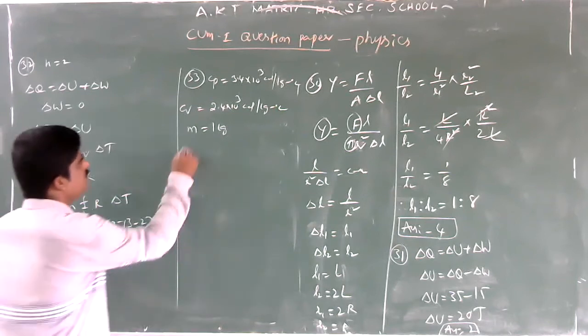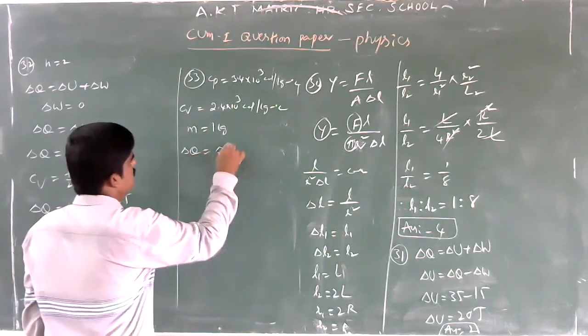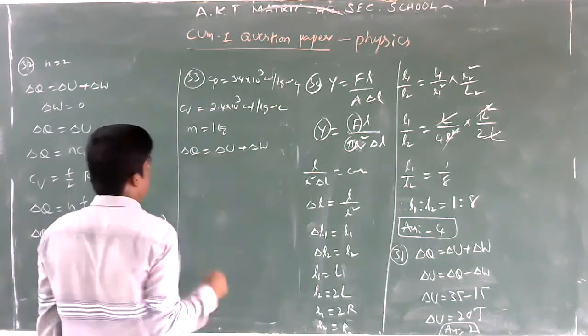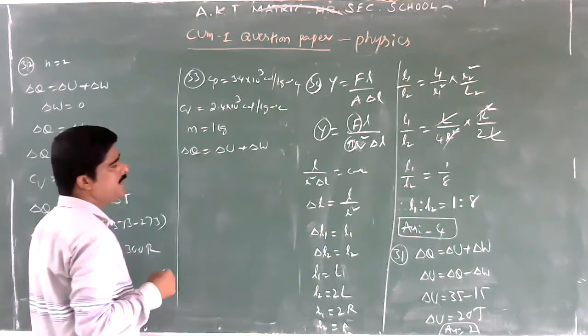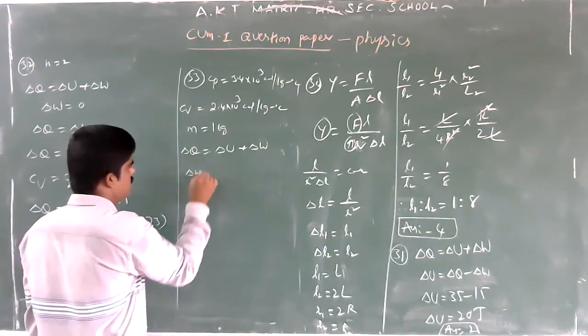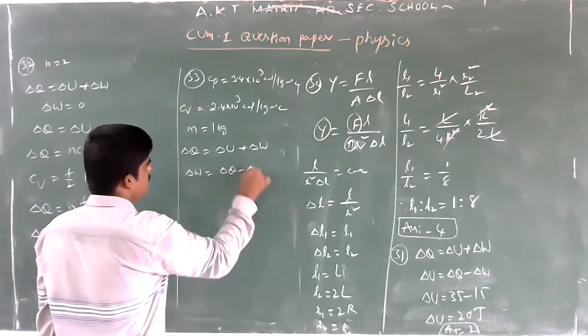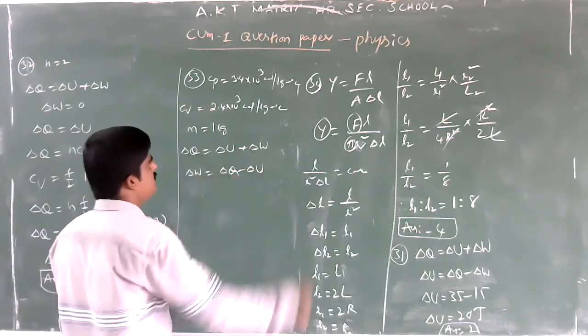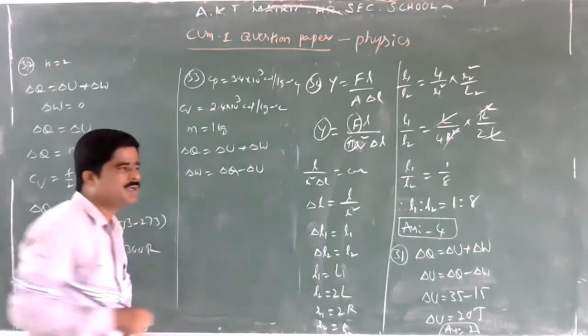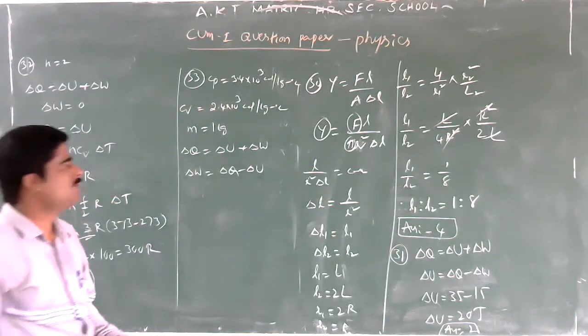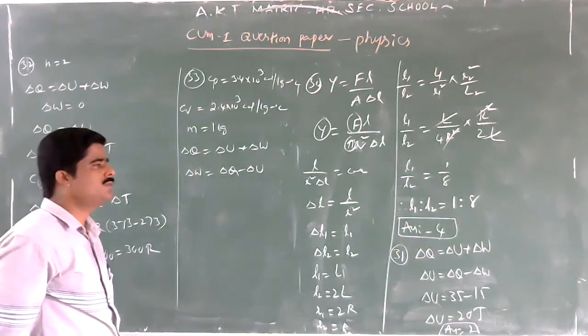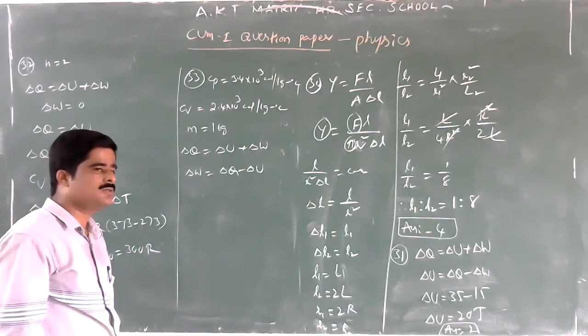Again, from the first law of thermodynamics, delta Q is equal to delta U plus delta W. But what they are asking is to find the work done. Delta W is equal to delta Q minus delta U. So first the gas is heated at constant pressure. At constant pressure, the amount of heat is utilized to increase the internal energy and also to do some work.